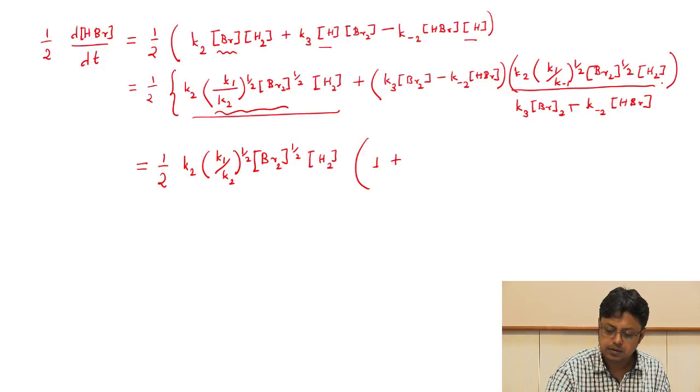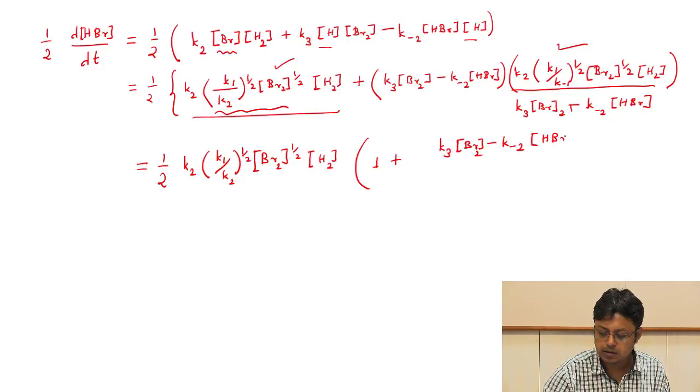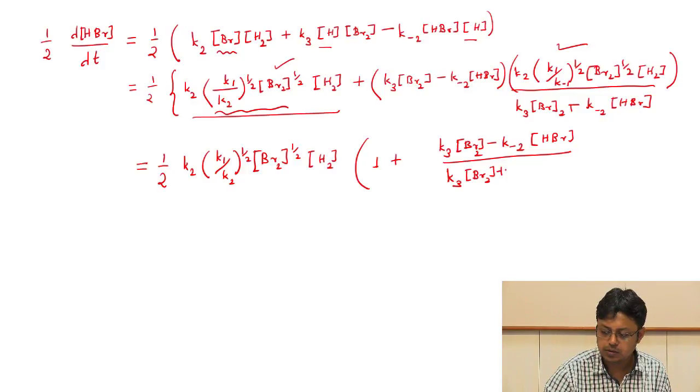So I have 1 plus K3 Br2 minus K minus 2 HBr divided by K3 Br2 plus K minus 2 HBr.